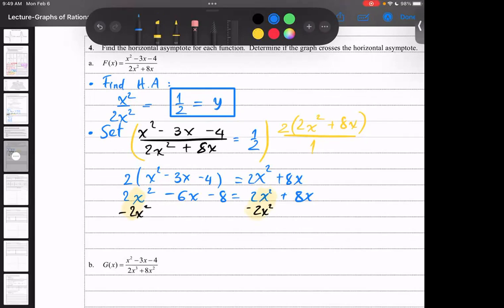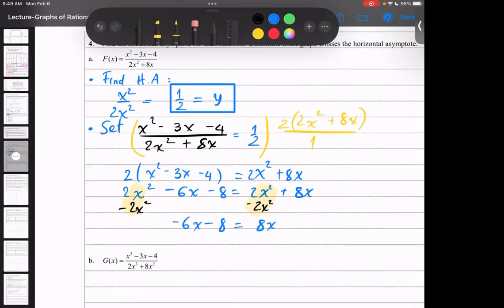So that I have negative 6x minus 8 equal ax. Add 6x or subtract ax, doesn't matter. Let's cancel. So you have negative 8 equal 14x. Divide both sides by 14. x equal negative 4/7.